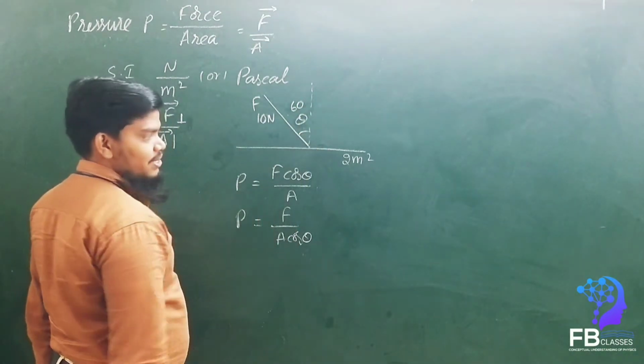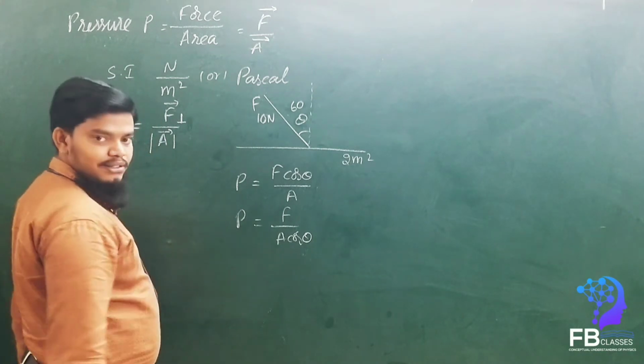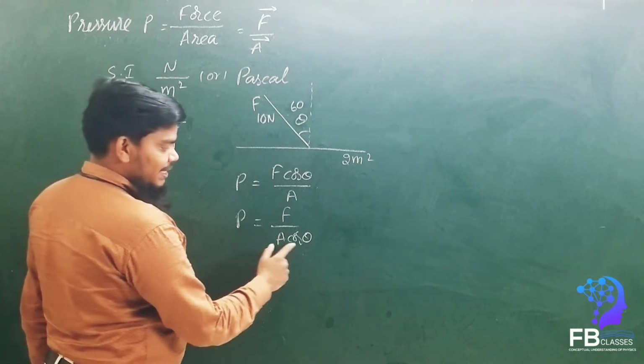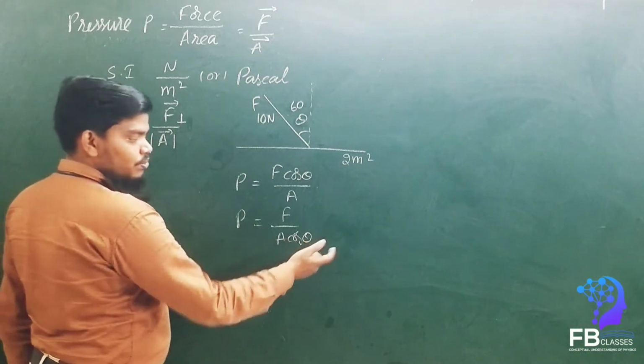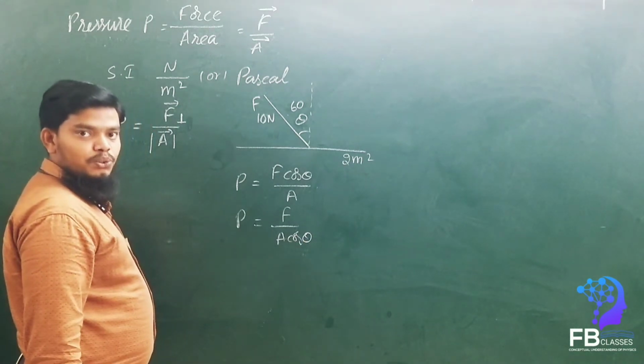Then cos theta goes from 1 to 0 as theta goes from 0 to 90.